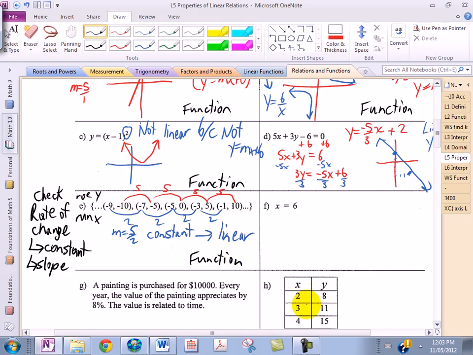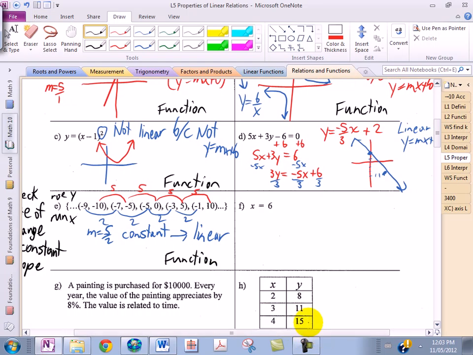What about the next one? Please graph that super quick. X equals 6. Find your 6 value, then graph your line so that all values have x equals 6. What does that look like? Tony, what does it look like?